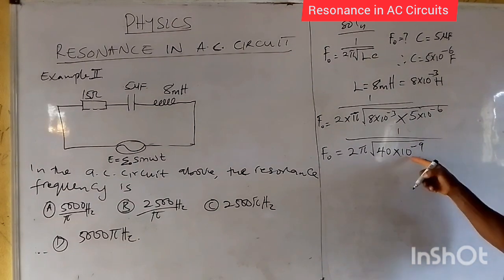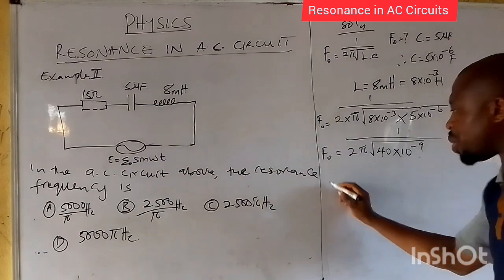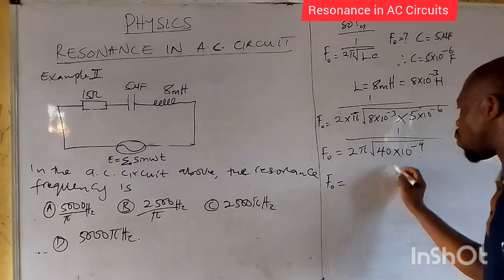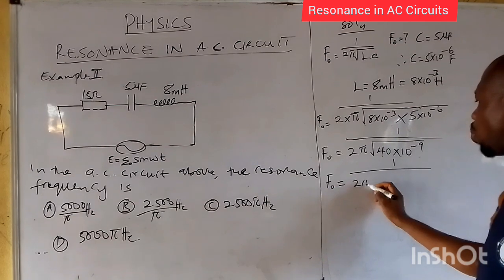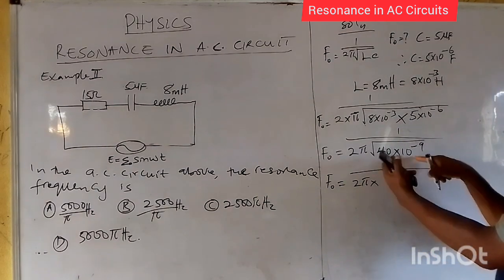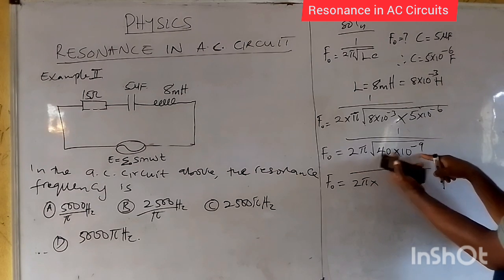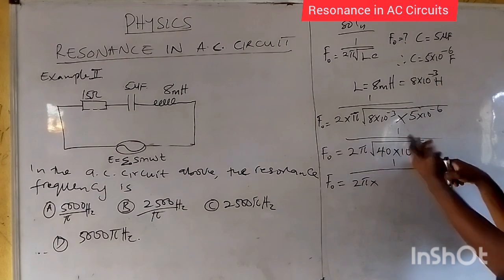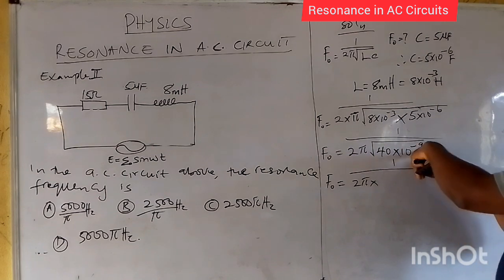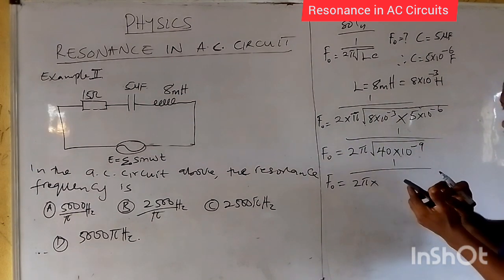And 40 times 10 raised to 1 minus 9, I will jump a step here. F naught is equal to 1 over 2 pi multiplied by the square root of 40 times 10 raised to the power minus 9, or 4 times 10 raised to the power minus 8, however you want to take it.